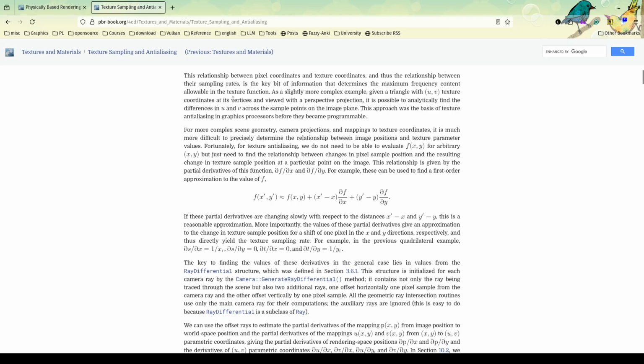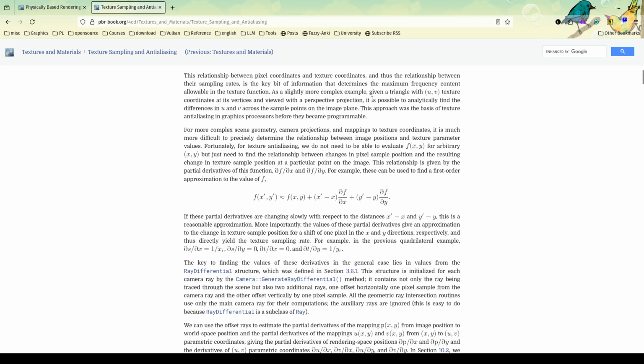So this relationship between pixel coordinates and texture coordinates, and thus the relationship between their sampling rates, is the key bit of information that determines the maximum frequency content allowed for the texture function.